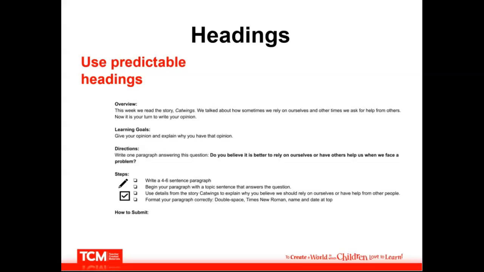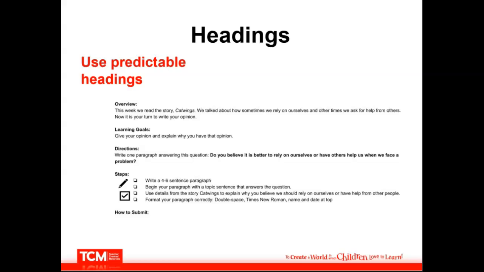For instance, I would like to include the same headings: overview, learning goals, directions, steps, and how to submit the work on each assignment. Of course, these headings could be adjusted in an age-appropriate way. The idea is to use the same headings from assignment to assignment in the interest of consistency.